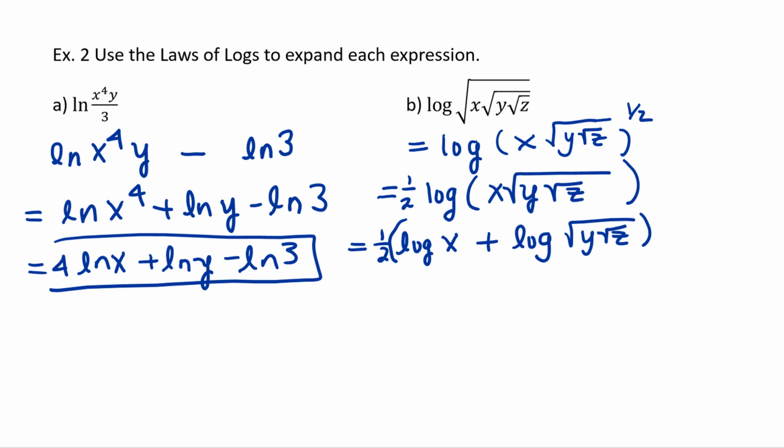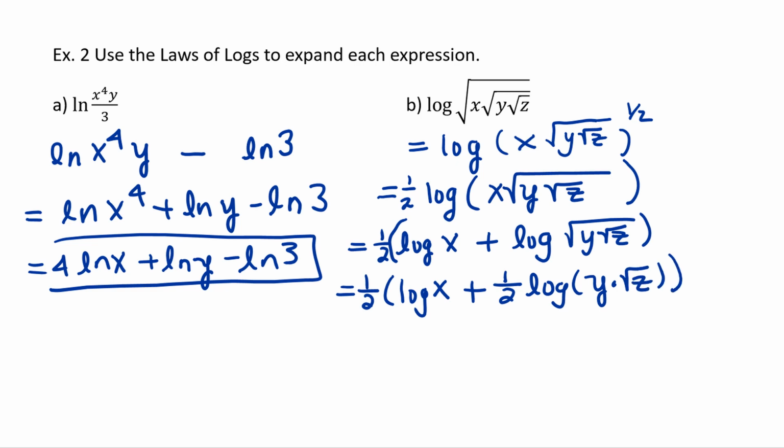Let's do the similar thing to the second term, which is log of the square root of y times the square root of z. So this would become 1/2, be very careful with the parentheses, log of x, and then bring the 1/2 for the square root of y as a coefficient. So we'll write this as 1/2 the log of, and now we'll have y times the square root of z.